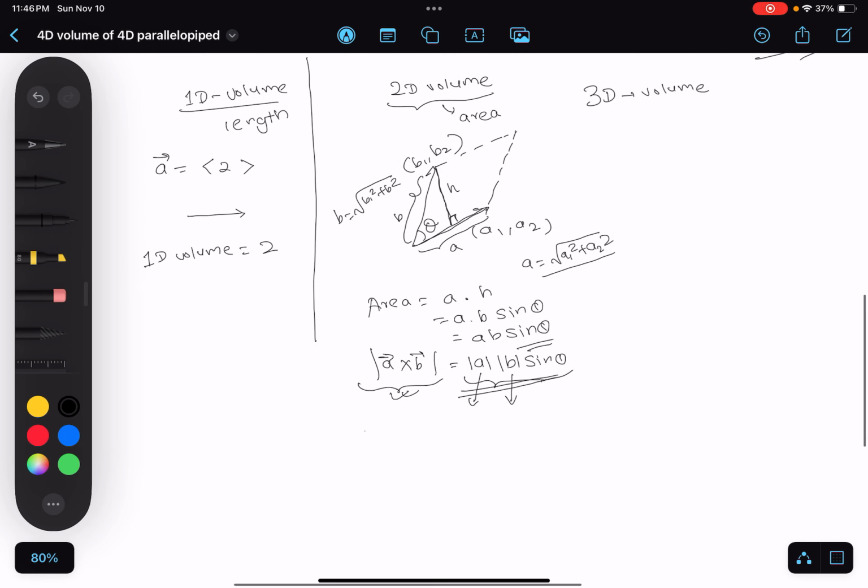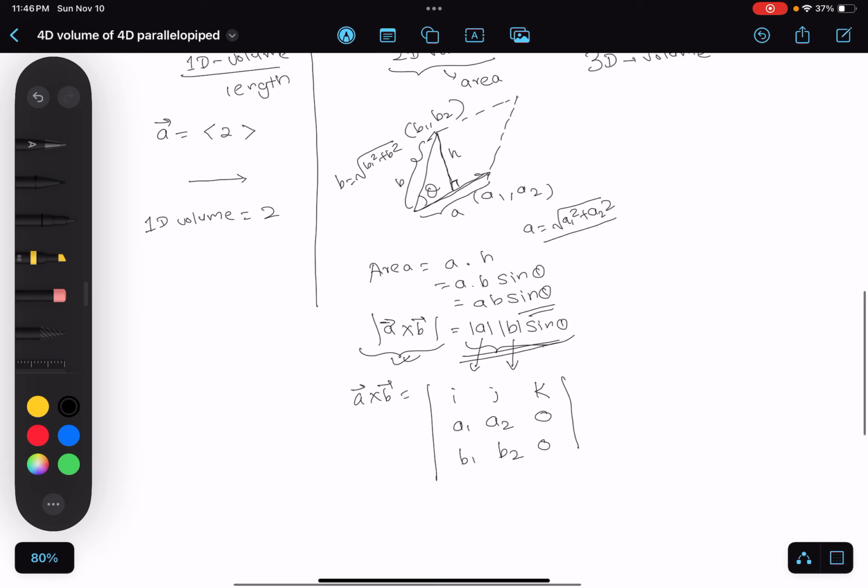If we try that approach, first of all, to find a vector cross b vector, what we can do is write i, j, k over here. Now write the a vector, which is a1, a2, there's no k component. Write the b vector, which is b1, b2, there's no k component, right?